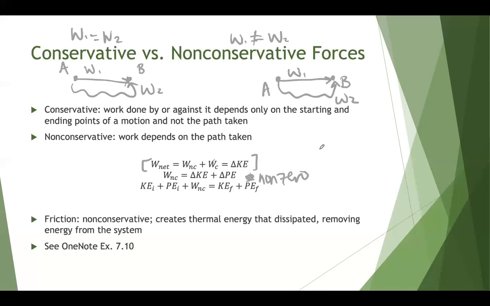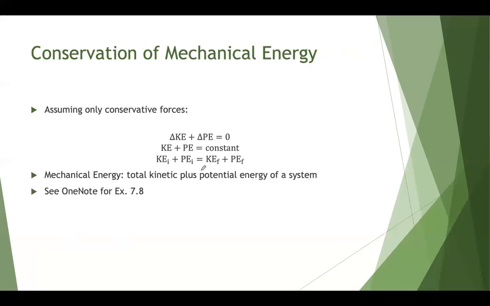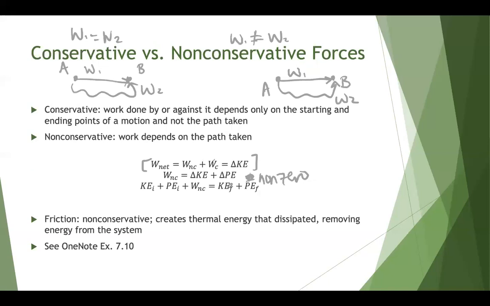As you saw in the last one here, for conservative forces, this change is 0. And that's where we got this value here. But when we're taking into account our non-conservative forces, we have to say that that's non-zero now. So we get this new formula or equation here.